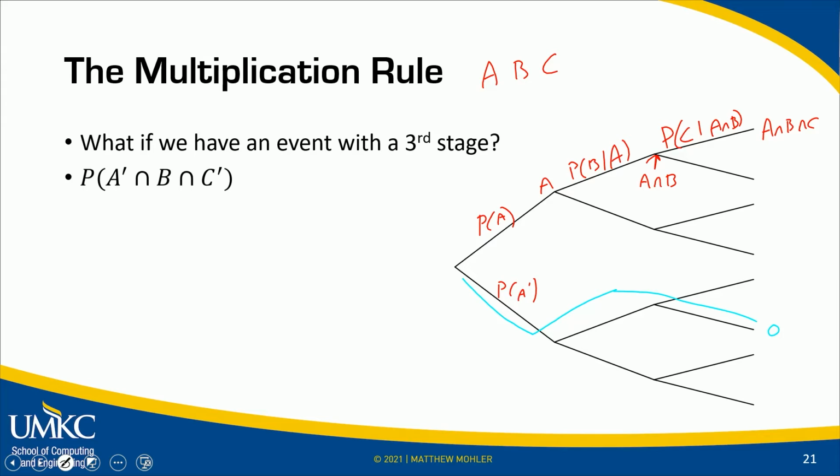The first thing we can do is group these intersections. So we can say that this is the probability of A complement intersected with B, wrapped in parentheses, and then intersected with C complement. That'll make things a little bit easier in a second.